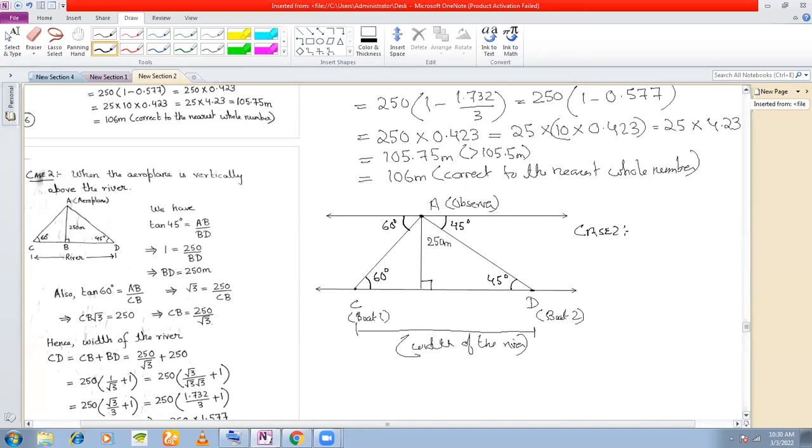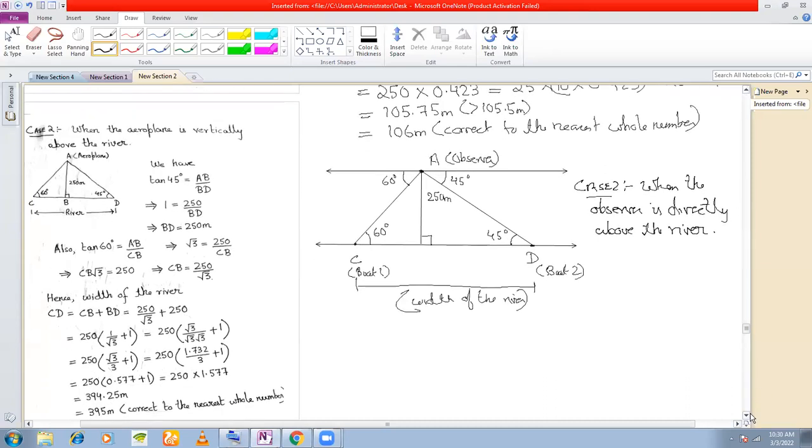Case 2 is when the observer is directly above the river. In this case, how do you find out the width of the river?